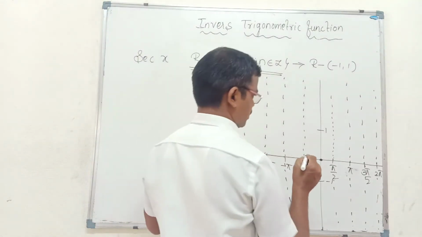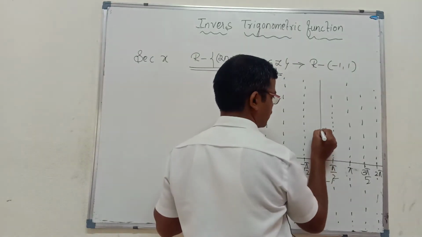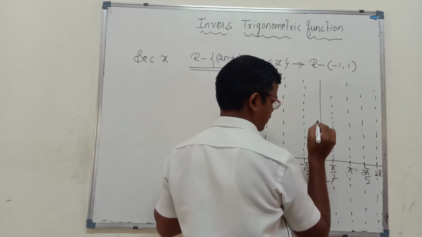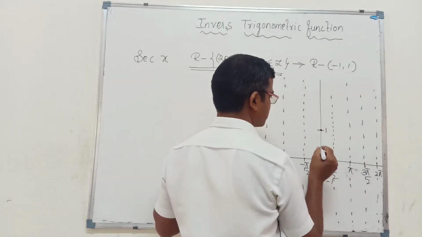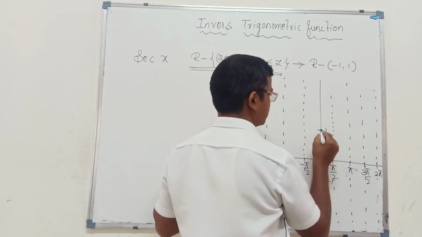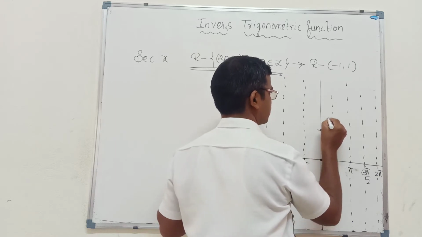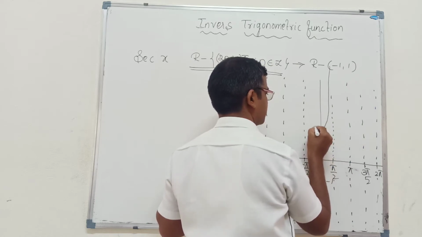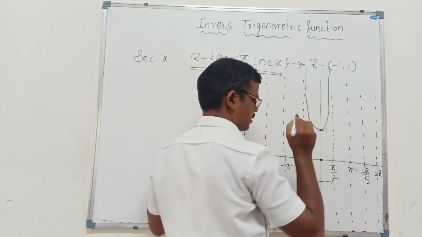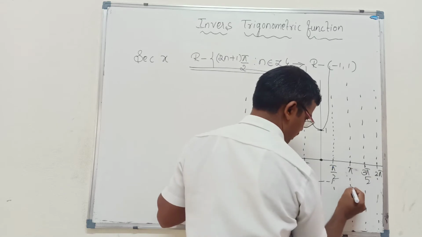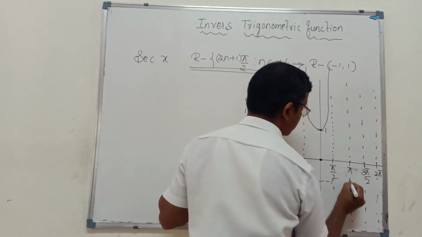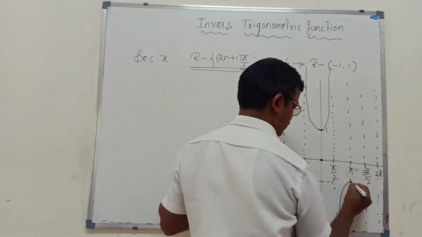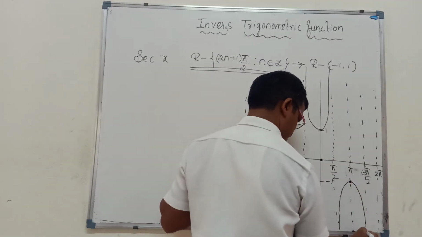So sec 0 is 1, so it will become 1 here. Remaining it is like this, and here it is like this. Here minus 1, and it is negative in the second quadrant and the third quadrant.